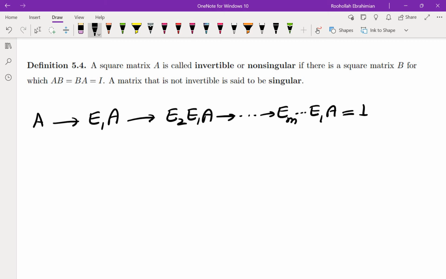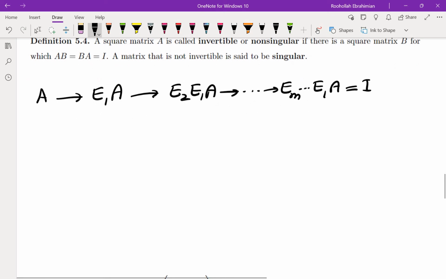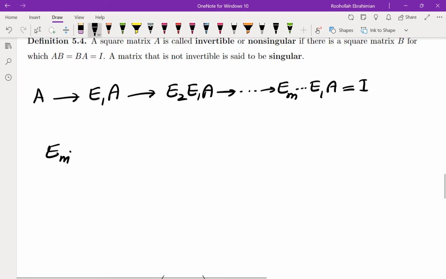At some point you end up with identity. Now if you look at EM through E1, that matrix times A is in fact the identity matrix. This is assuming that you end up with the identity matrix after you do these row operations.